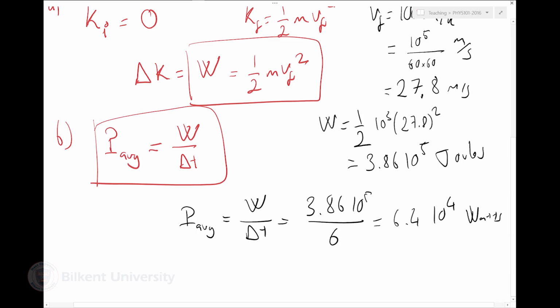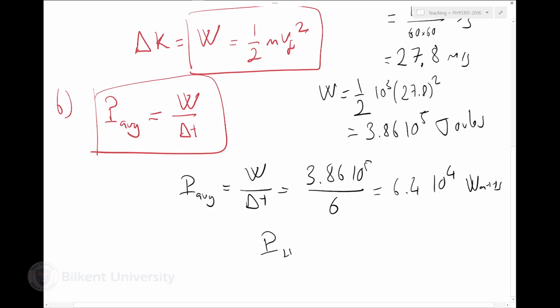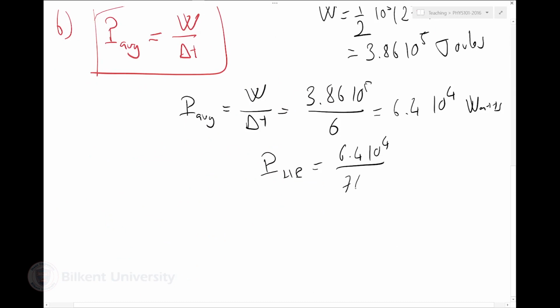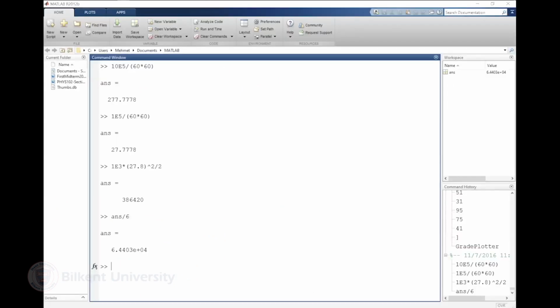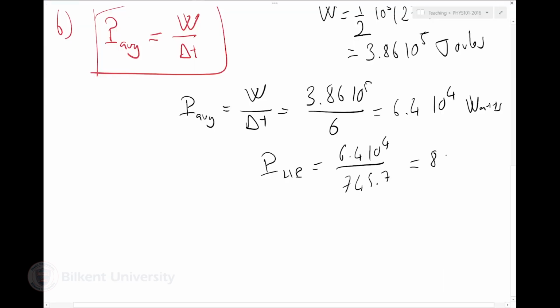But I was asked to express this in horsepower. 6.4 times 10 to the 4 divided by the conversion factor, 745.7. Let's do that too. That gives about 86 horsepower. So the numbers come out to be okay.